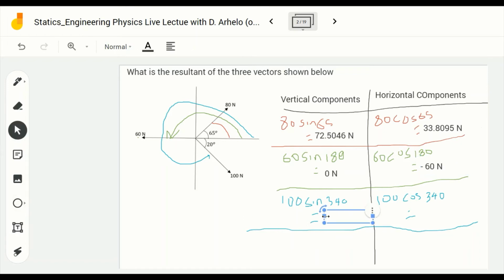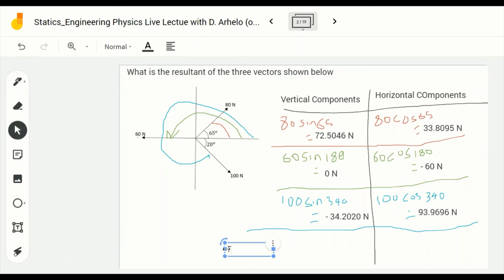100 sine 340 gives us negative 34.2020 Newton. And 100 cos 340 gives us 93.996 Newton. All right. So what we'll do next is to find the total vertical component.